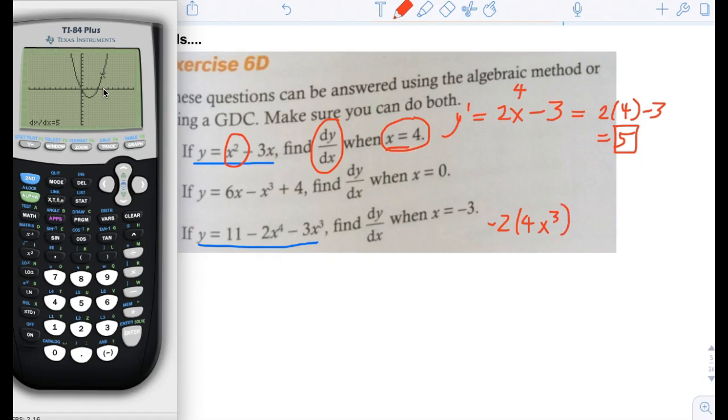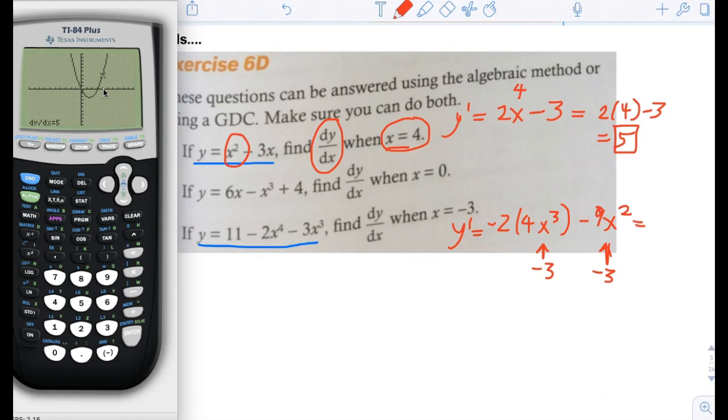The derivative of negative 3x cubed is minus 9x squared. Okay, and so this is our derivative function. And then if we want to find the derivative at negative 3, we just put negative 3 in for each occurrence of x. Okay, and then we just do the arithmetic and we solve for the result.